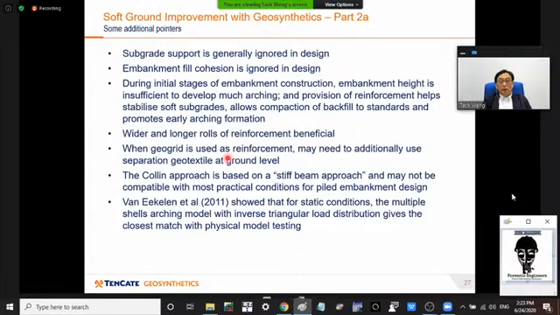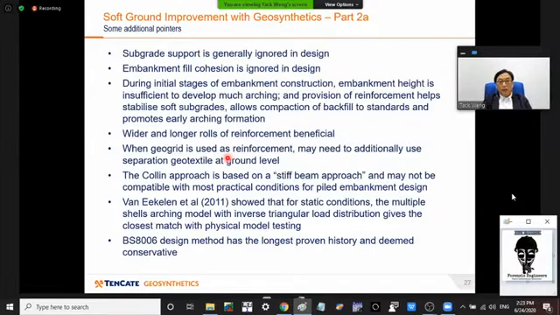And more interestingly, in recent years, there has been research, especially done by Van Ekkelen, that shows the multiple shells arching model with inverse triangular load distribution gives the closest match to physical model testing. Having said that, BSA 006 design method has been the longest and proven method of design and deemed conservative.